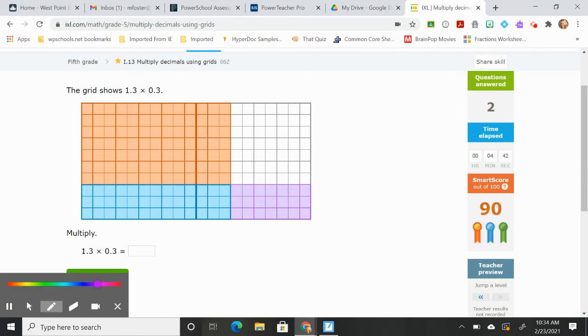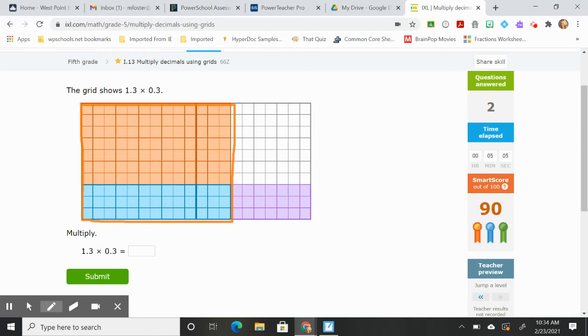This part in orange is 1 3/10. So imagine that blue not being there right now. I shaded in all of that orange, and I'm taking 3/10 of that orange part.